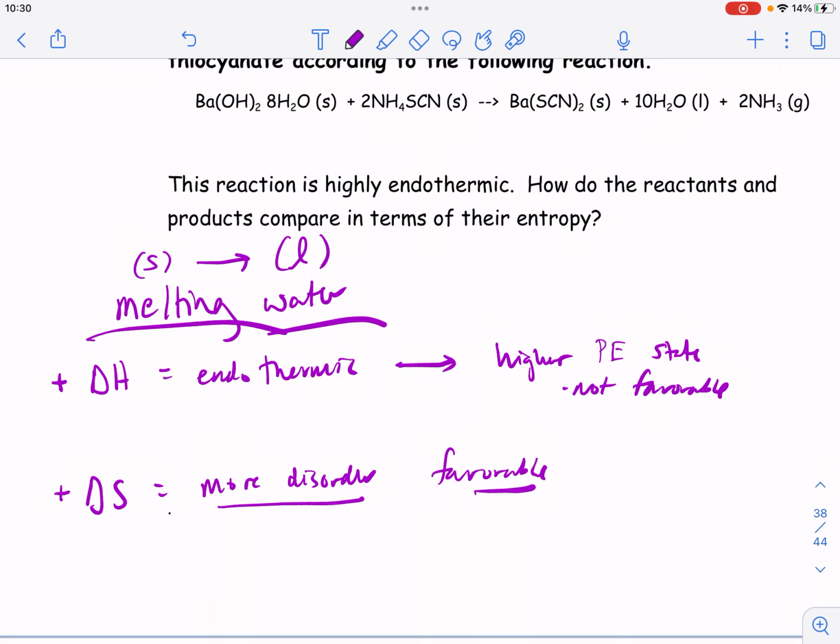So this is an example where whether or not this process is spontaneous depends on the temperature. And so when does water melt spontaneously? Well, it will melt spontaneously above 0 degrees Celsius. If we have a high enough temperature, then this process becomes favorable or spontaneous.